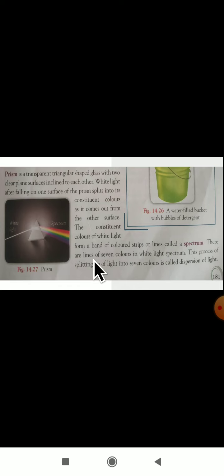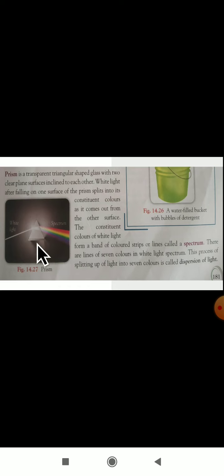The process of splitting up light into 7 colors is called dispersion of light. Again, one more important term. What is dispersion of light? The process of splitting up light into 7 colors is called dispersion of light. The white light is splitting into 7 colors, and this process is called dispersion of light.